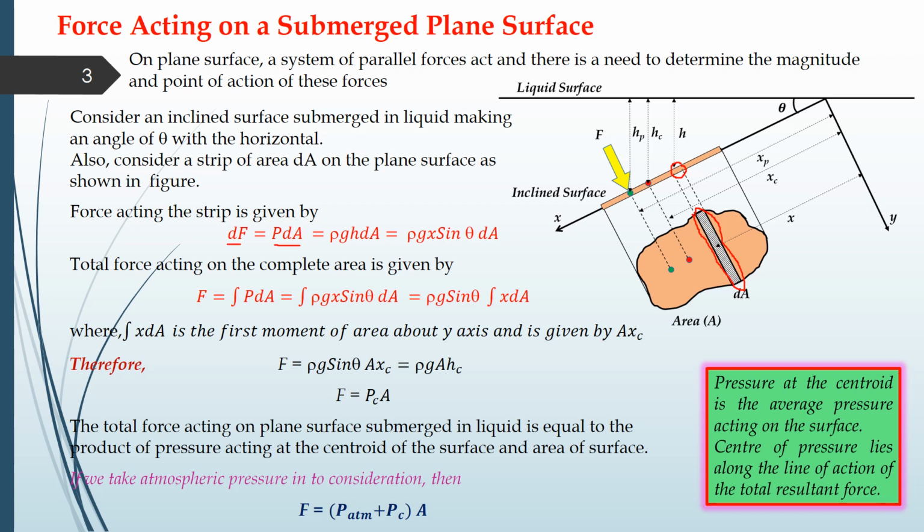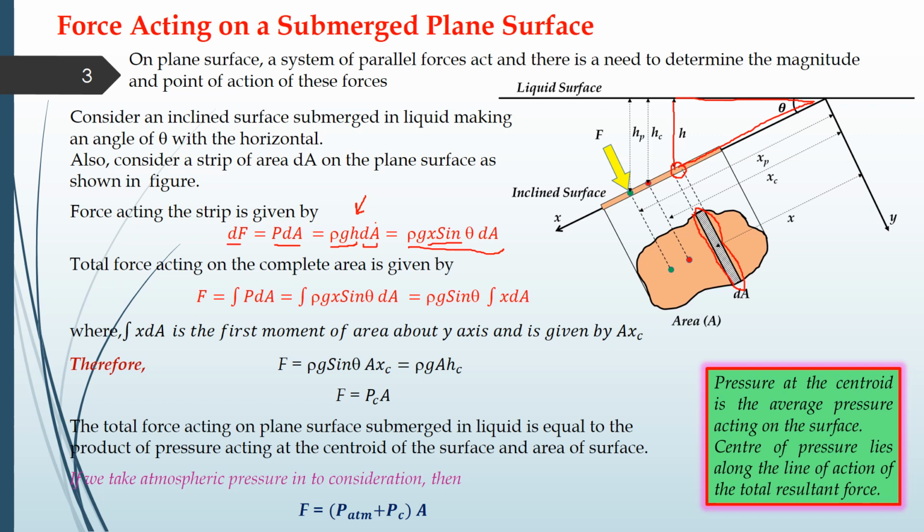P can be written as rho g h, as you know, and h can further be converted into x sine theta, because if you take into consideration this triangle, you can write h in terms of x sine theta. So this will be the force acting on this small strip dA.